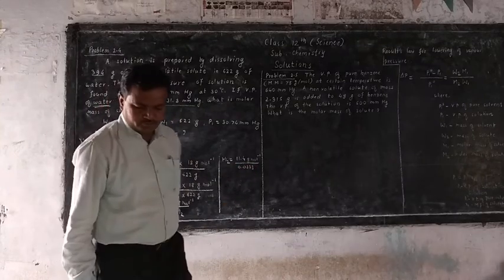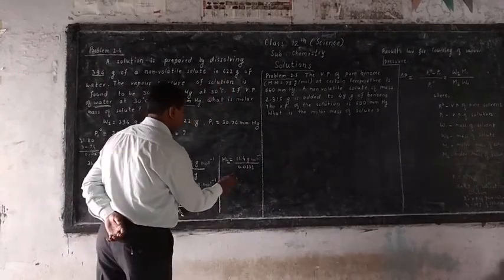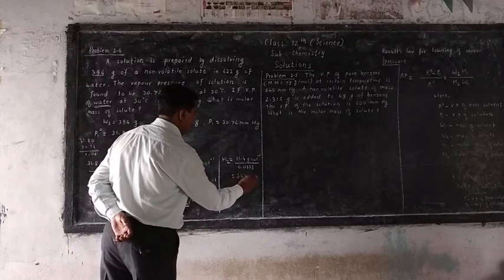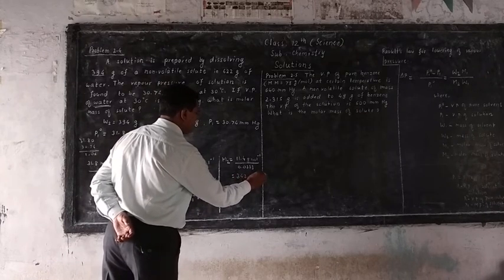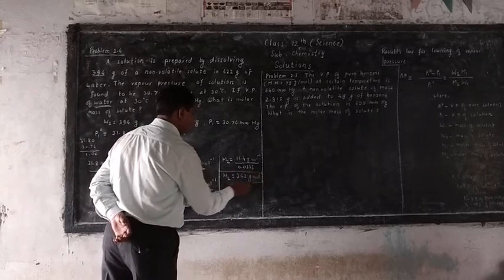So it will be 342 gram per mole. So this is the molar mass of a non-volatile solute.